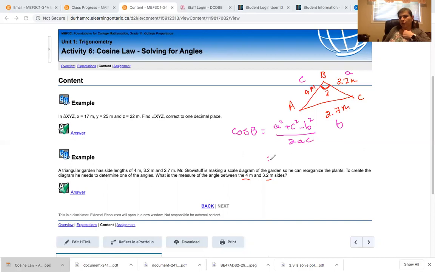You should be able to find these formulas. You should be able to remember how to write it. It could be any letter, it could be anything that you're using. It's the same process.